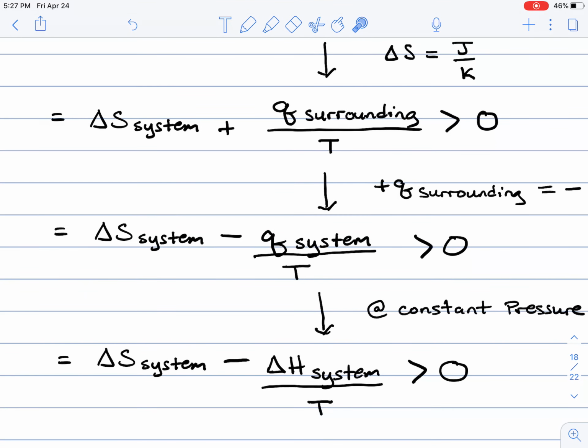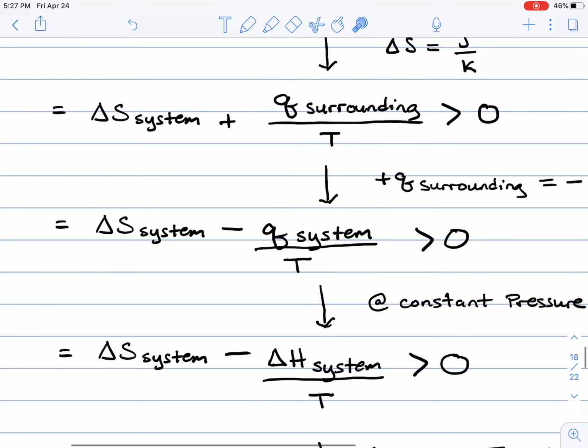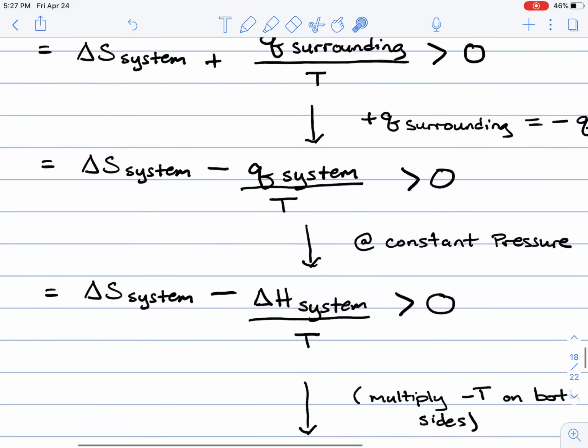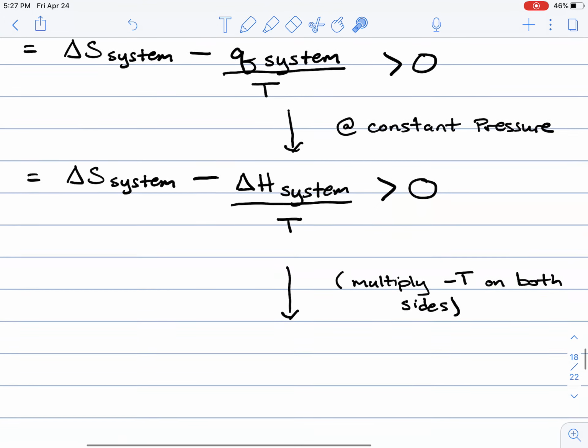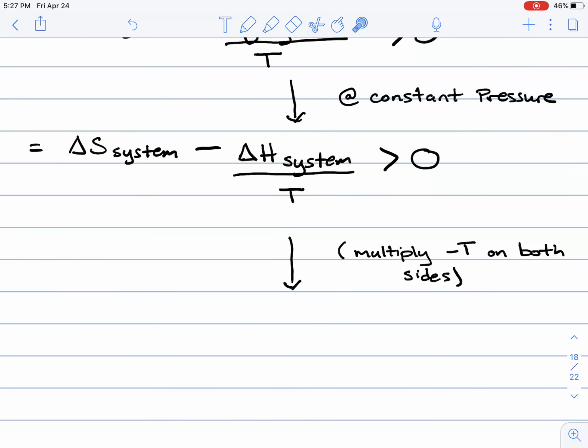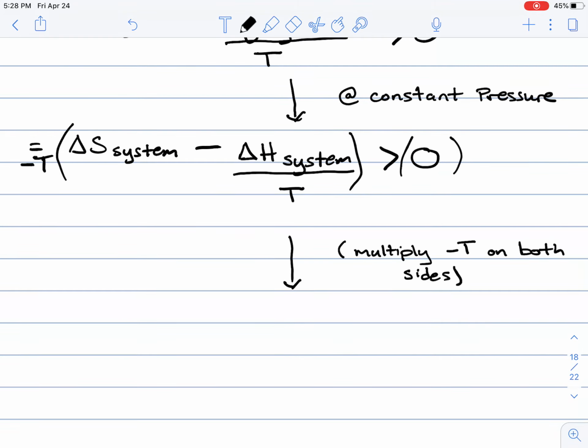And so the last thing that we're going to do is multiply negative T on both sides of the equation. So we're going to manipulate this equation and see what happens. If I multiply both sides of this equation by negative T, I'm going to distribute this negative T to this term and negative T to this term.